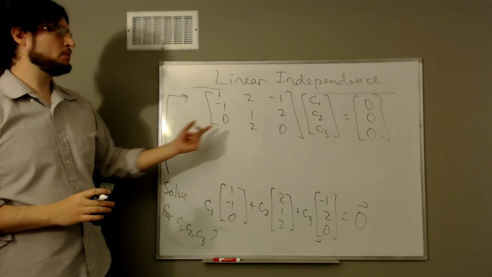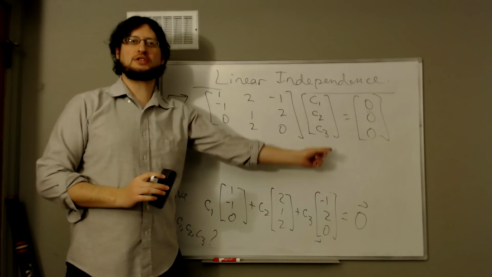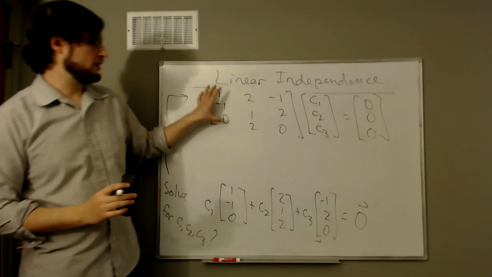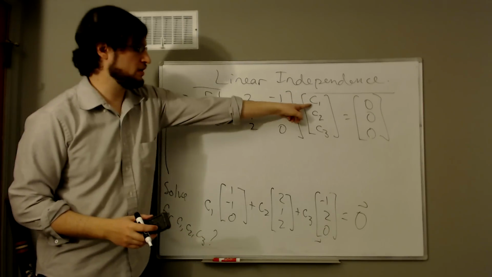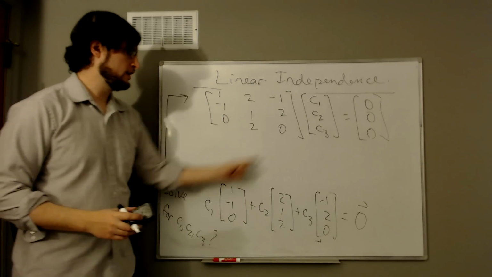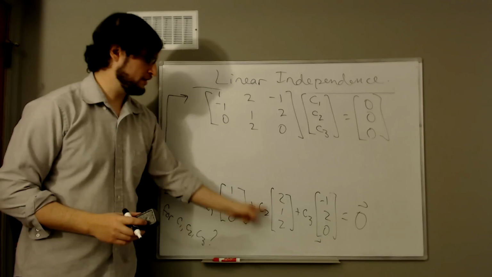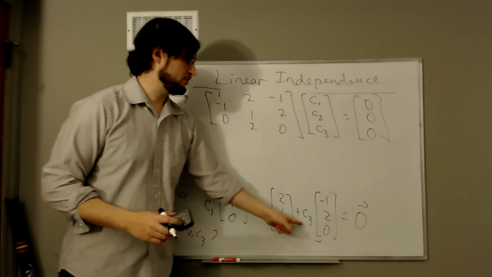Why does that work? Remember that a matrix times a vector is given by the columns of the matrix scaled by the entries of the vector. So C1 corresponds to column 1, that's what we got. C2 corresponds to column 2, again right here. C3 corresponds to column 3, right here.